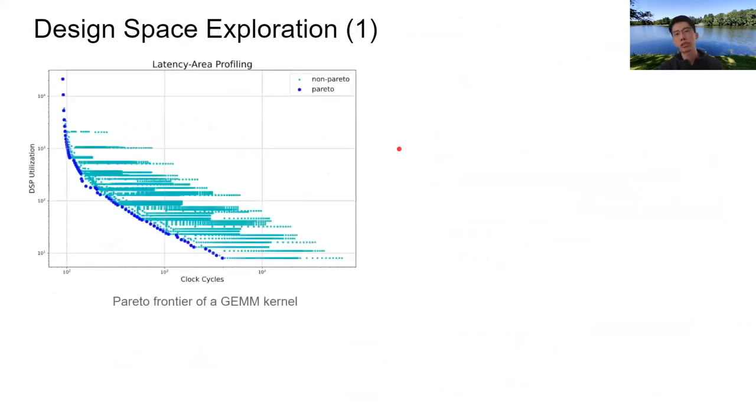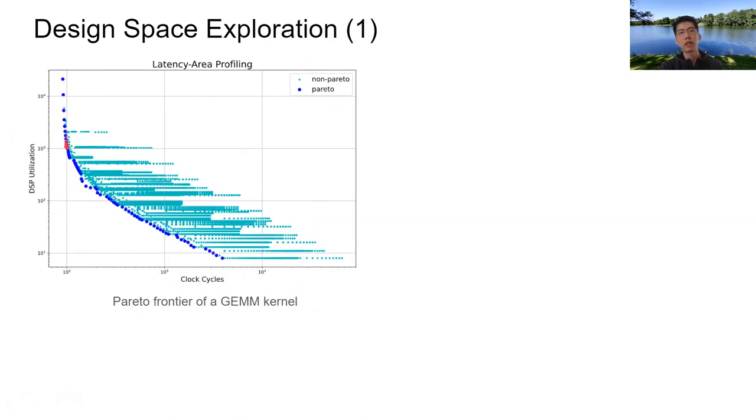Then I will introduce the DSE algorithm we're adopting in the ScaleHLS framework. First, to better understand the design space we are facing, we did profiling on the GEMM kernel. And here is the profiling result, the latency and area space.